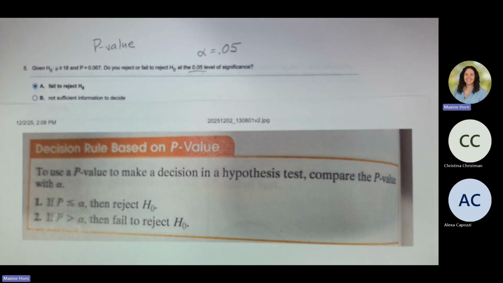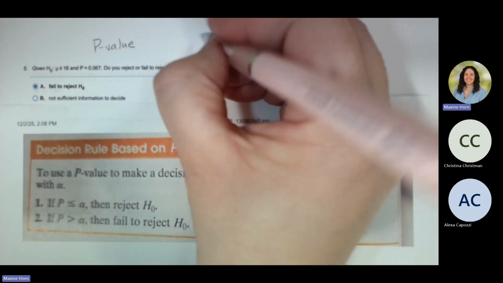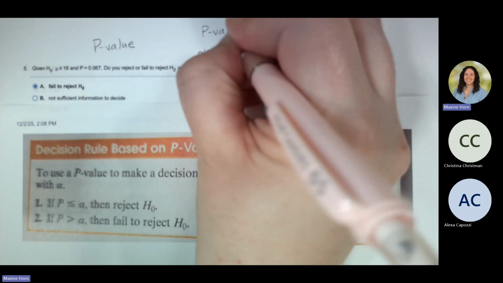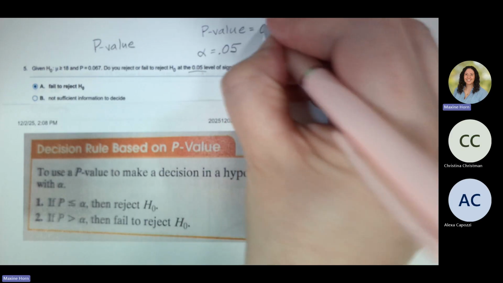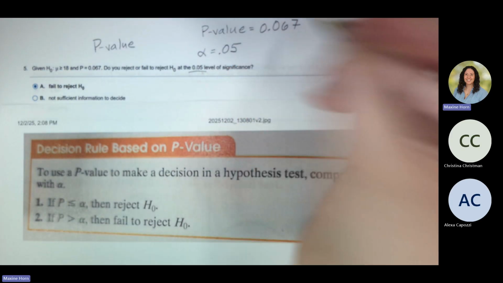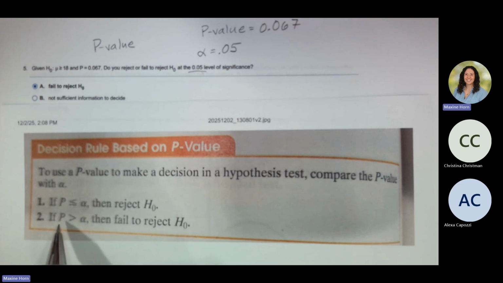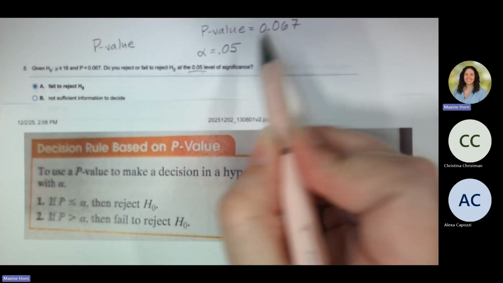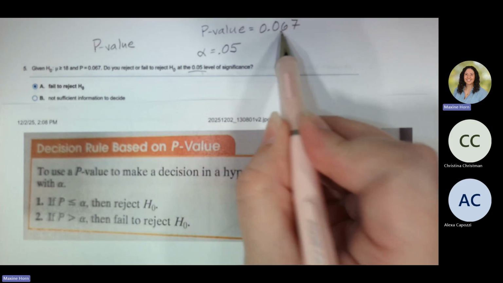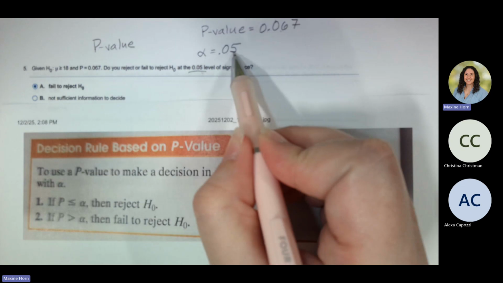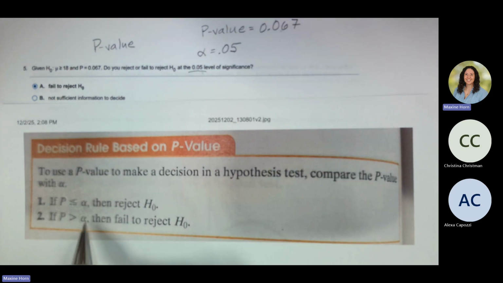So we need to compare this p-value, which is 0.067, and we need to say, okay, is my p-value less than or equal to my alpha, or is it greater than my alpha? The p-value is greater than alpha. So we are going to fail to reject the null hypothesis.